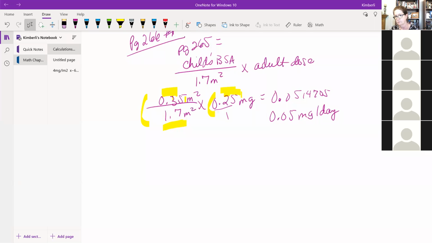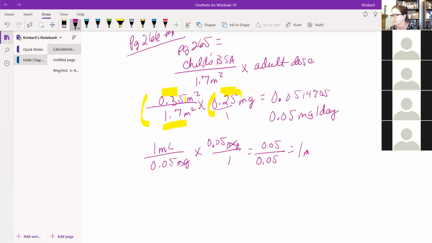I think 1 ml, because you're going to get 0.05 milligrams in 1 ml. And we could go ahead and calculate it out. 0.05 divided by 0.05 equals 1. So there we go.